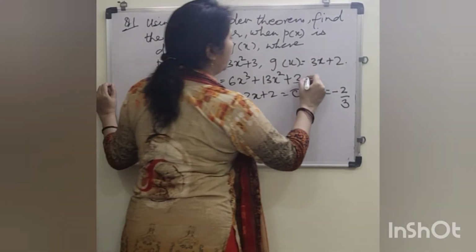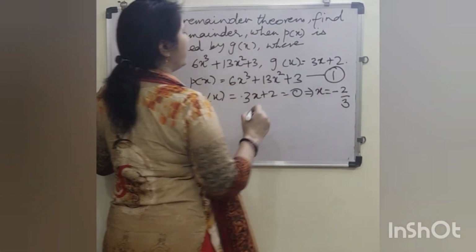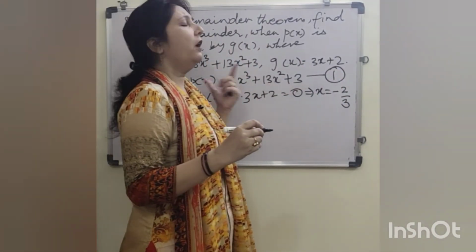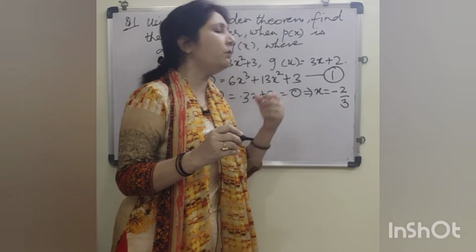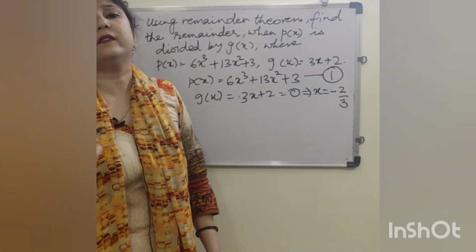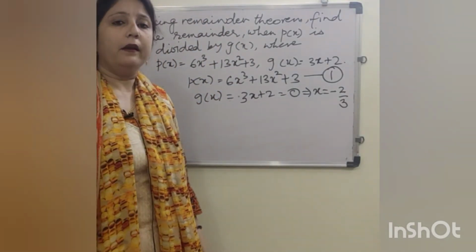Now what we do in this first equation, P(x) is equal to this, we put x is equal to minus 2 by 3 on both the sides to get the remainder.